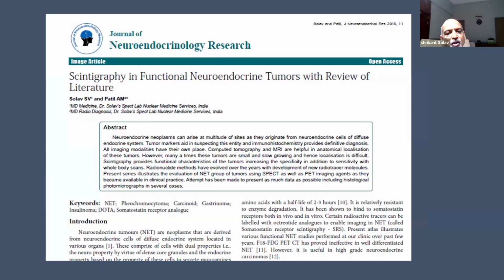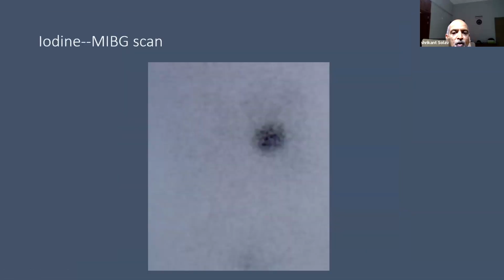But a word of caution, that's a paper in the Journal of Neuroendocrinology on various radiopharmaceuticals for functional neuroendocrine tumors. Although the specificity of MIBG scan is very high for pheochromocytoma, you must remember that the sensitivity is to the tune of 70 to 75%.